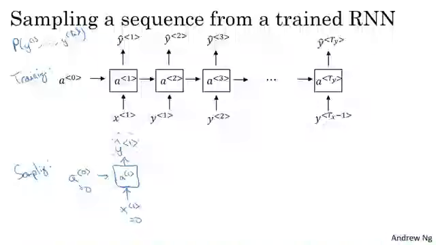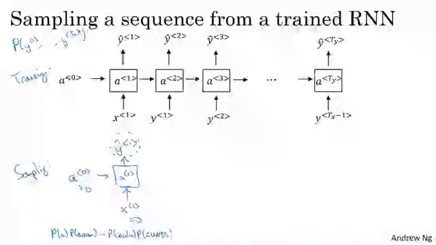So what the softmax distribution gives you is, it tells you what is the chance that the first word is A, what's the chance the first word is Aaron, what's the chance the first word is Zulu, what's the chance the first word is the unknown word token, or maybe what's the chance it is an end of sentence token. And then you take this vector and use, for example, the numpy command np.random.choice to sample according to the distribution defined by this vector of probabilities, and that lets you sample the first word.